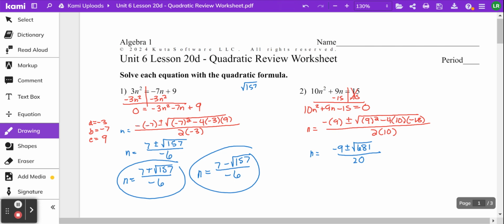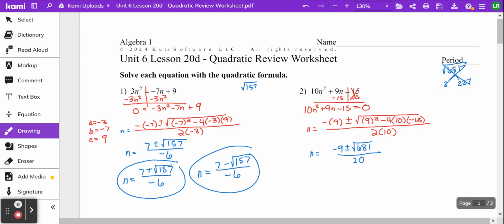Okay, so notice that 681 can be divided by 3, and that's 227. That might be it. Yep. So there's nothing else.